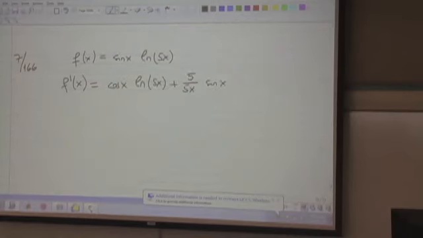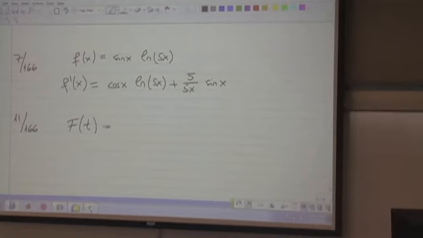Okay. How about 11? Since everybody looks at me like, what in the world are you actually talking about? Ln of the fraction 2t plus 1 cubed divided by 3t minus 1 to the 4th.